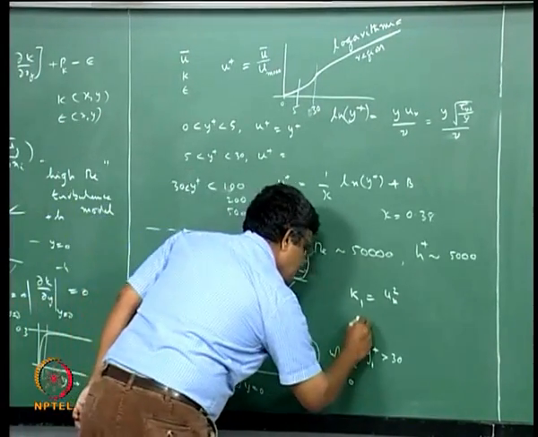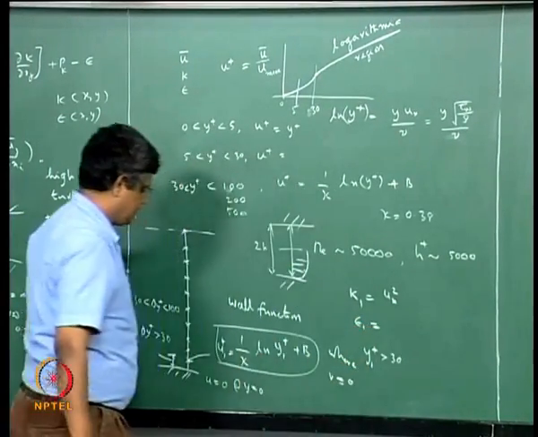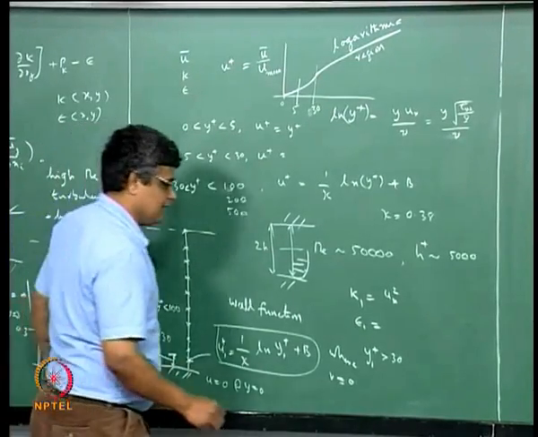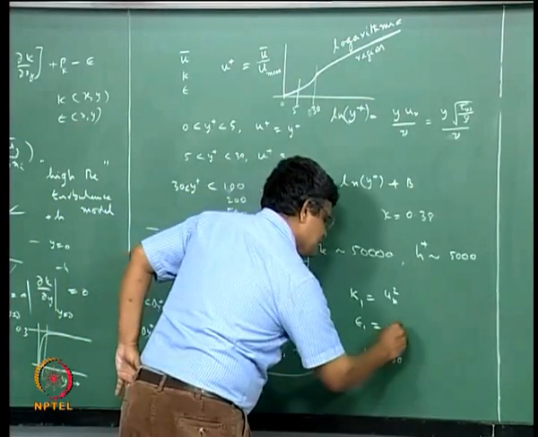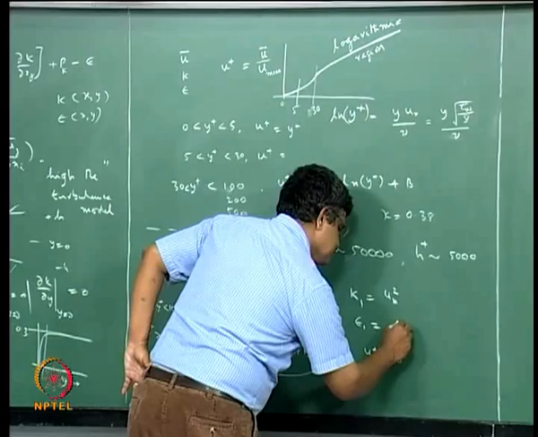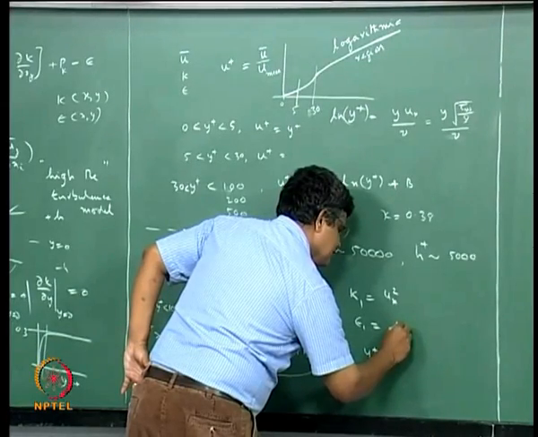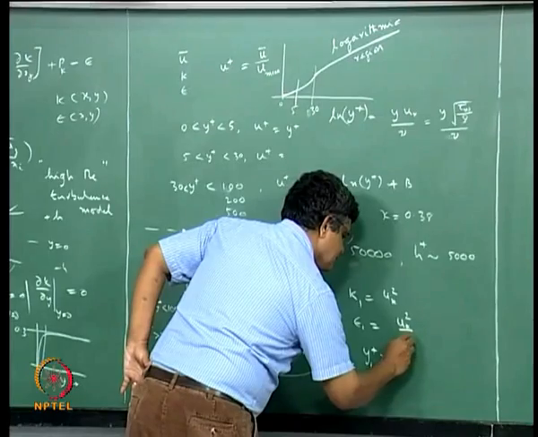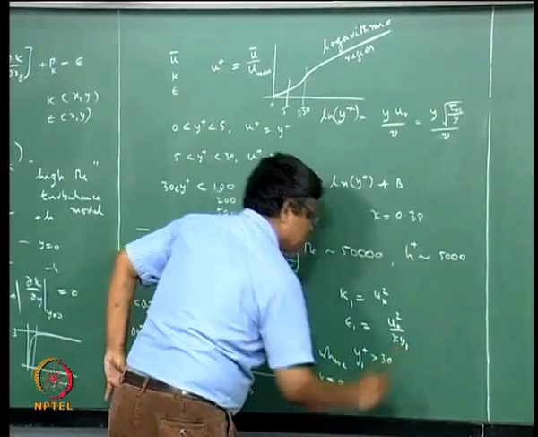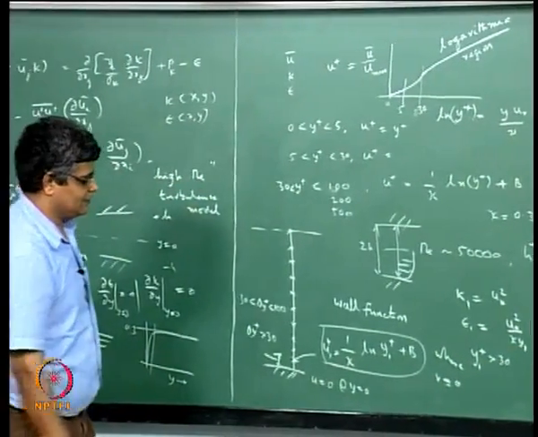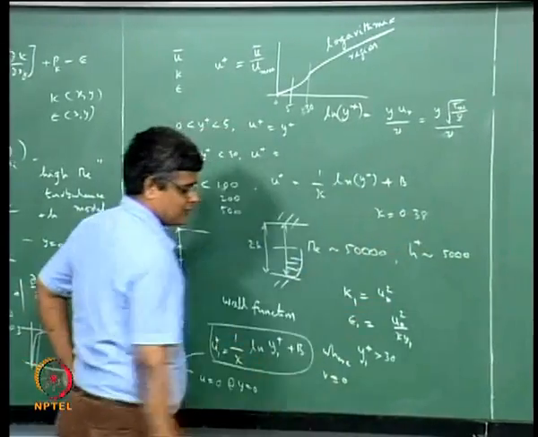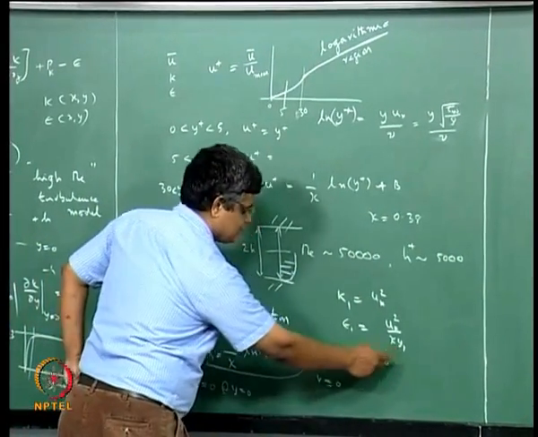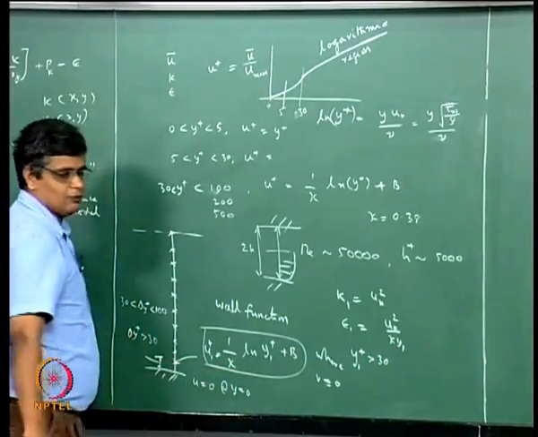And epsilon 1 at this point is given in terms of u star cubed by kappa y1, something like that, where kappa is this 0.338 and y1 is the distance of the grid point from the wall.